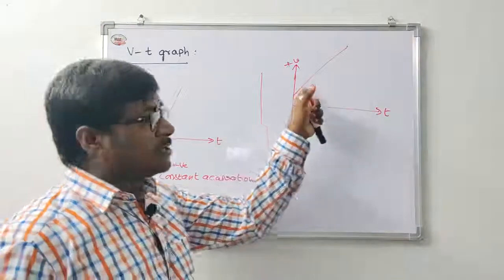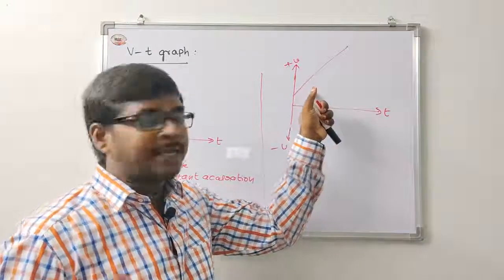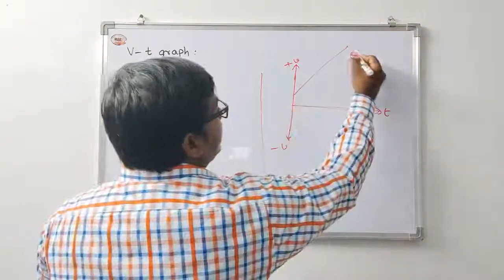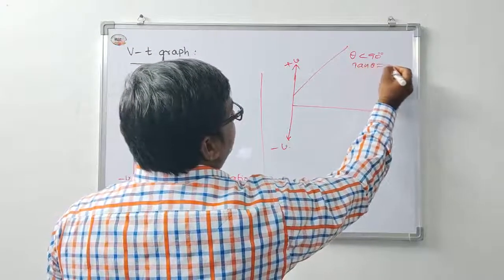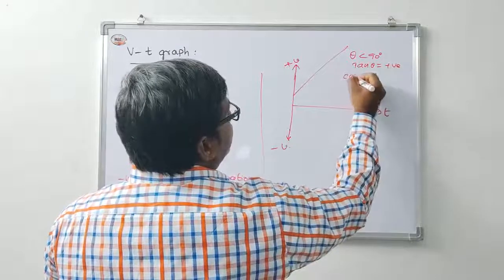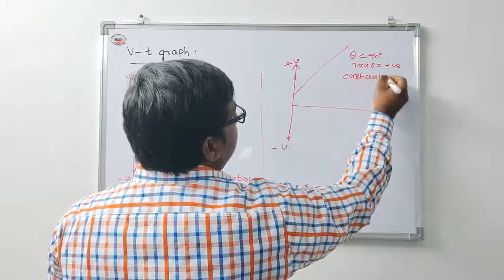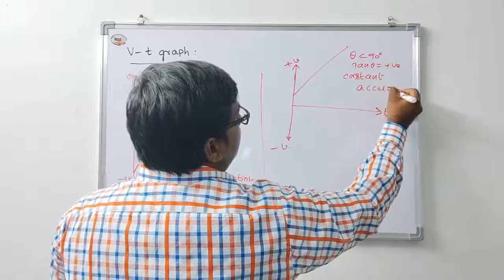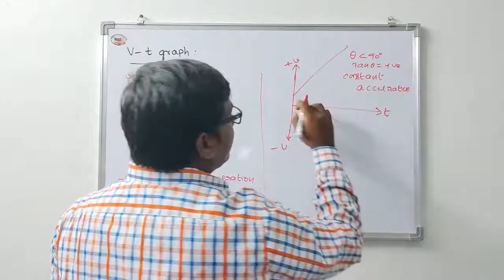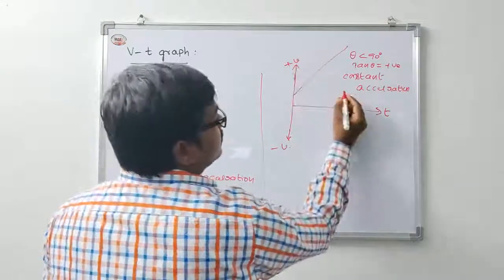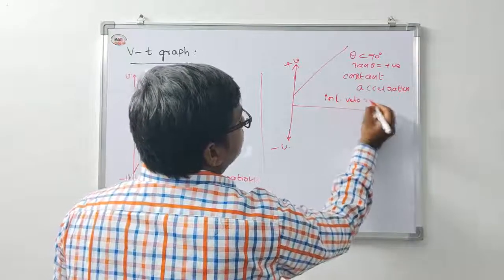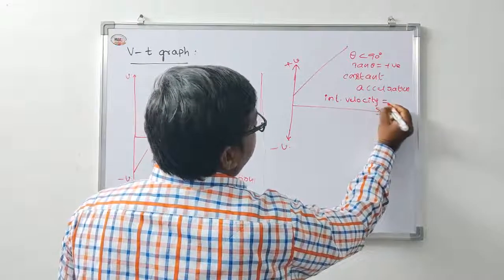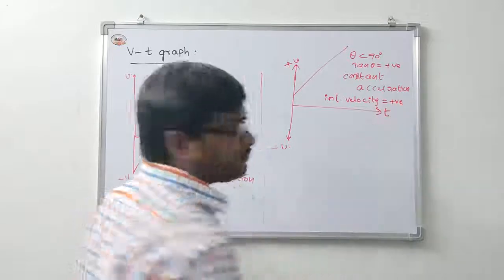In this way there is positive constant acceleration, theta is less than 90 degrees, tan theta is positive, and the initial velocity of the particle is positive.